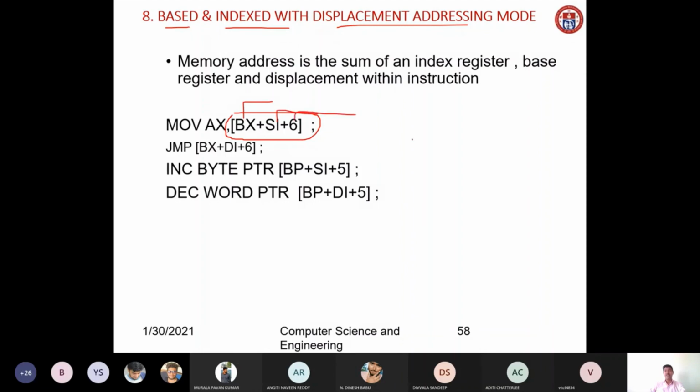BX denotes the base register, SI denotes the index register, and 6 denotes the displacement. So it is a combination of BX, base register, plus index register SI, plus 6.